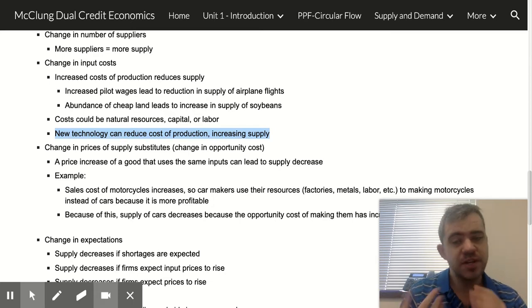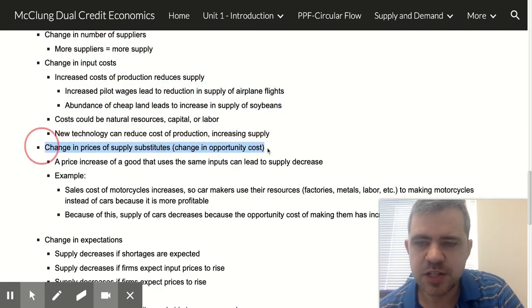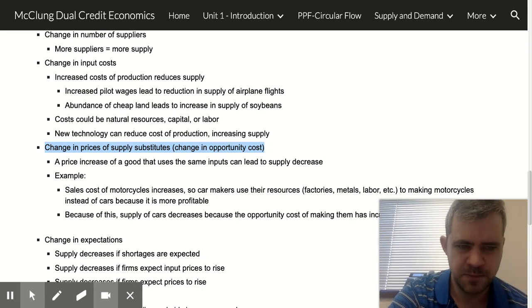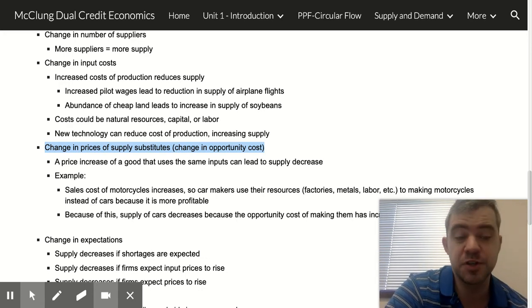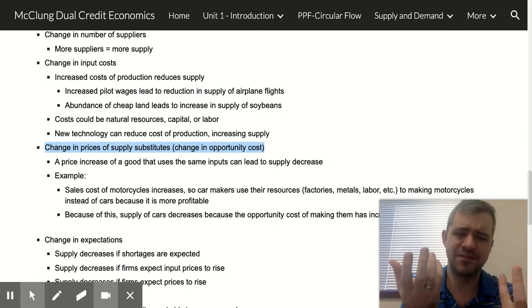All right, so the next big thing, and this one is a little confusing at first, changes in prices of supply substitutes. Now, we've talked about substitutes for demand. So, substitutes for demand, remember, is something where, hey, I'm going to consume this instead of this.